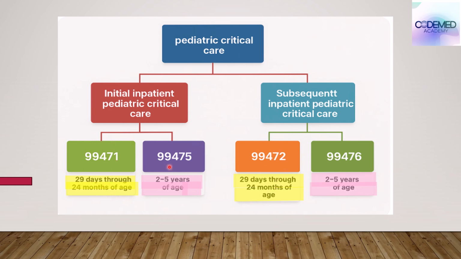And then we have 99475, that is 2 to 5, because this code takes care of 29 days to 2 years. This code takes care of 2 to 5 years, initial service, and subsequent will be 99476. So take a minute just to observe this particular diagram.